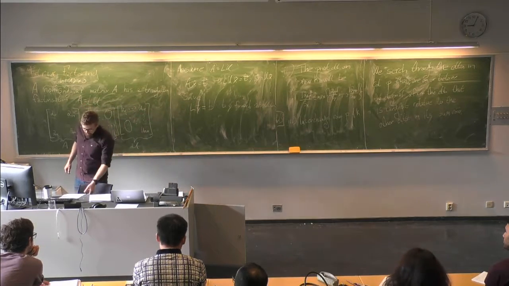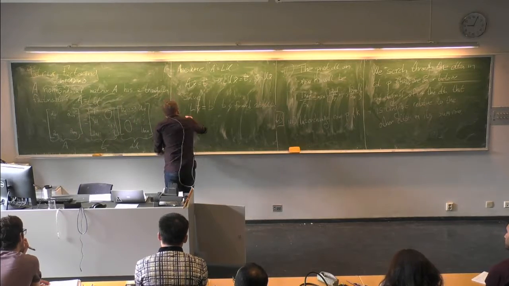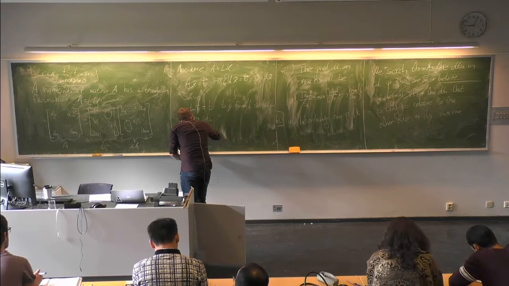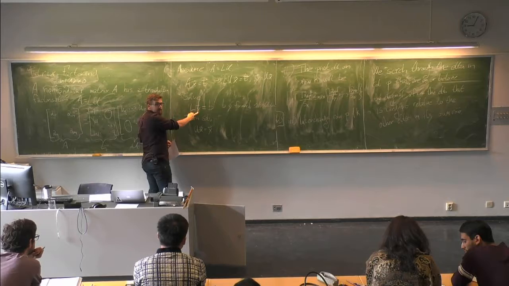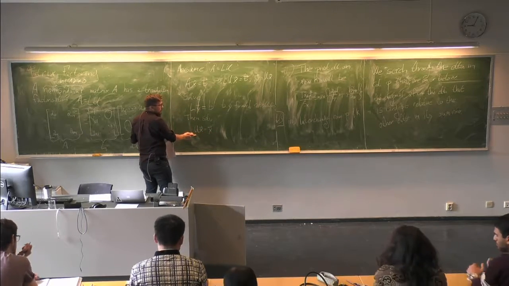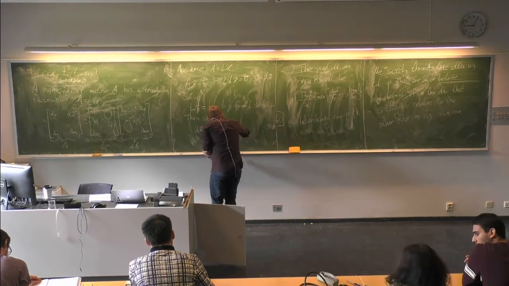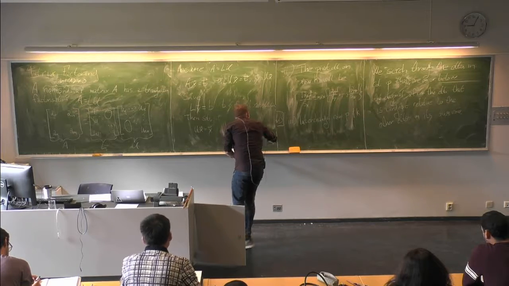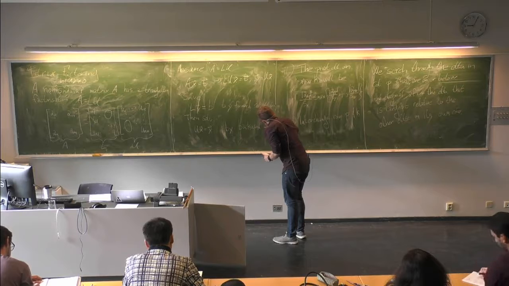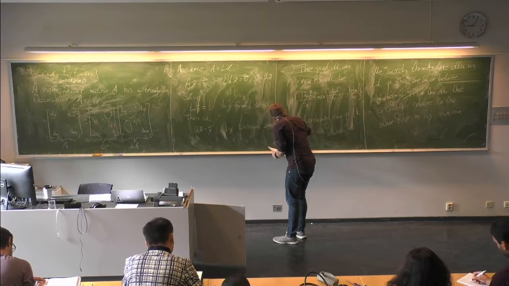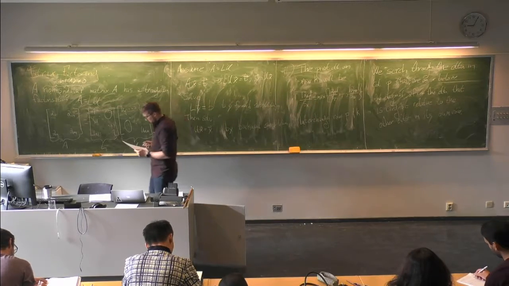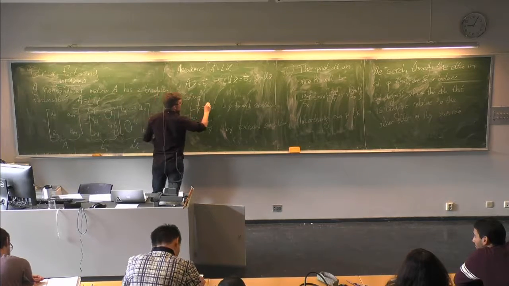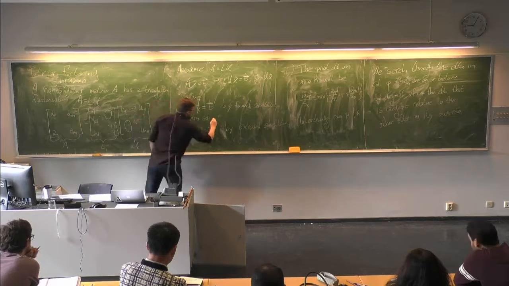Then we have the next problem: UX equals Y, where now we know Y, and we can do backward substitution. Yes, it should be a vector.